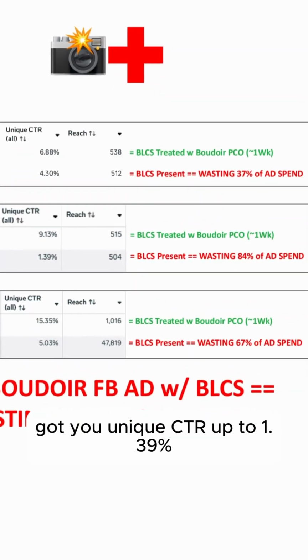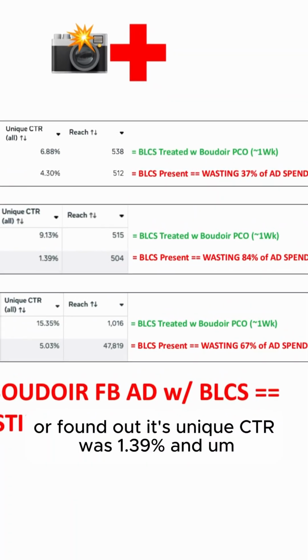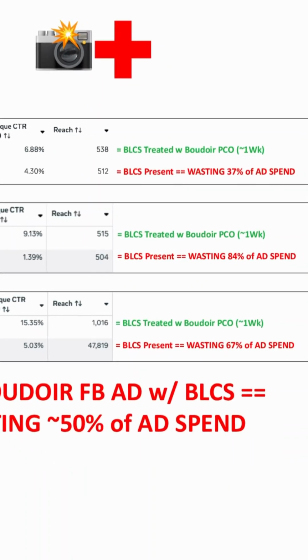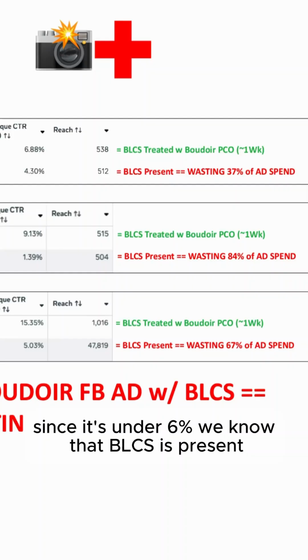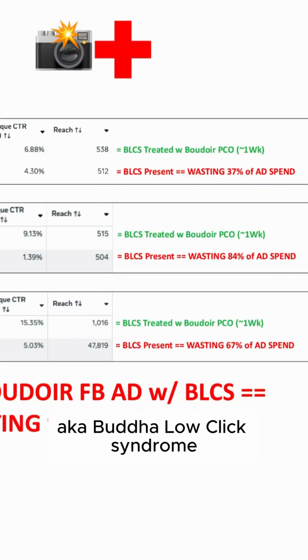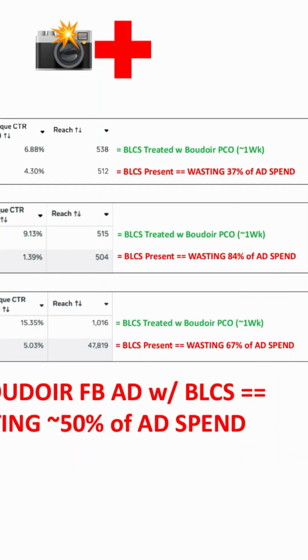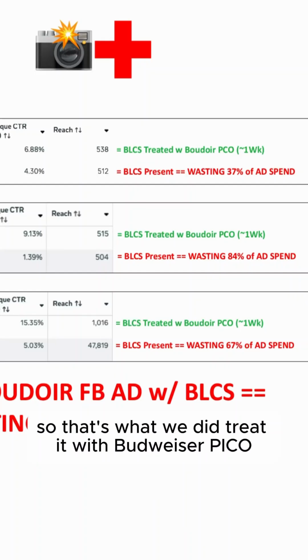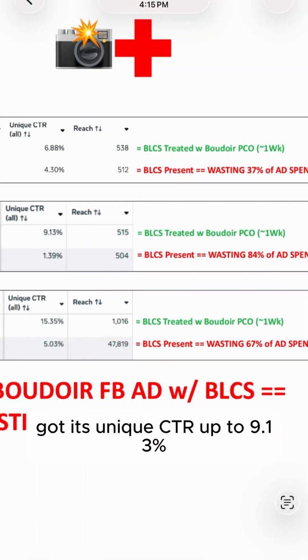We found out its unique CTR was 1.39%, and since it's under 6%, we know that BLCS is present, aka Boudoir low click syndrome, and as a result, we can treat it with Boudoir Pico. So that's what we did. Treated with Boudoir Pico, got its unique CTR up to 9.13%.